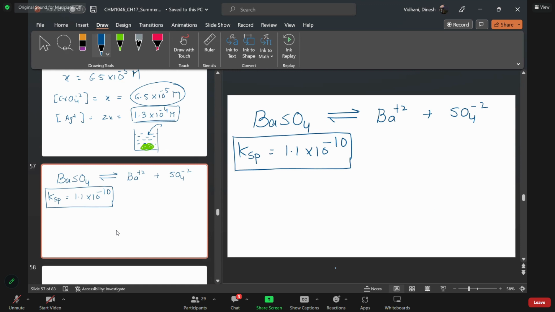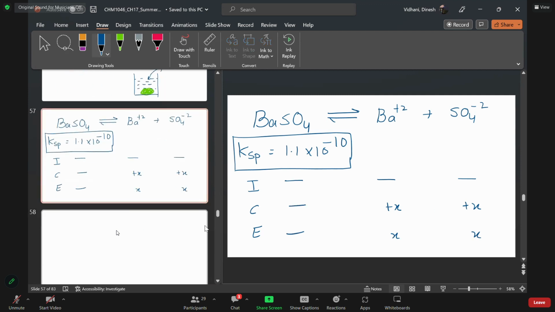Let's look at that one first. So I'm going to build the ICE table. Before adding external sulfate ions, we are going to see how much barium ions are there already. There is no barium sulfate undissociated in the solution, and initially there are no barium ions and no sulfate ions. The change is plus X for barium, plus X for sulfate. At equilibrium, you're going to see an X, and this one doesn't matter.